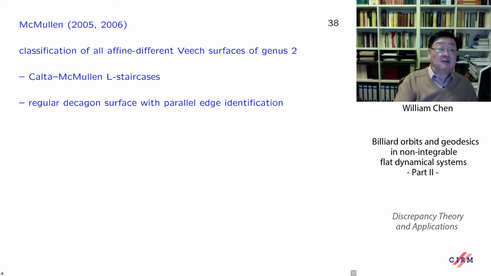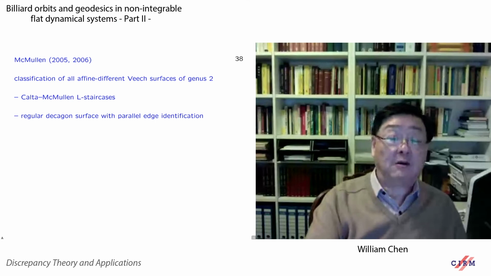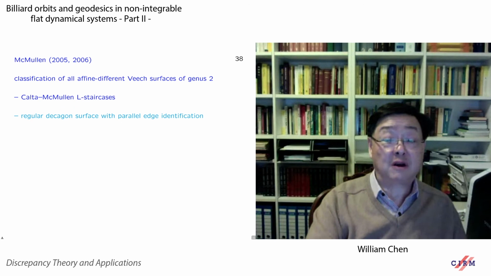Some years ago, McMullen actually classified all Veech surfaces of genus 2. There are only two types. One of them is the regular decagon surface with parallel edge identification. Well, that was something we discussed earlier, where k is even and equal to 10.